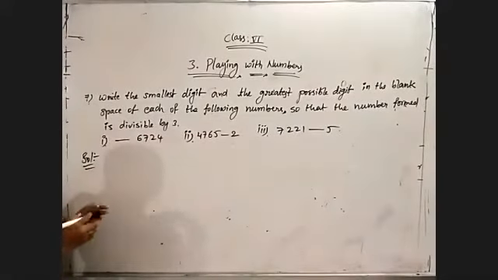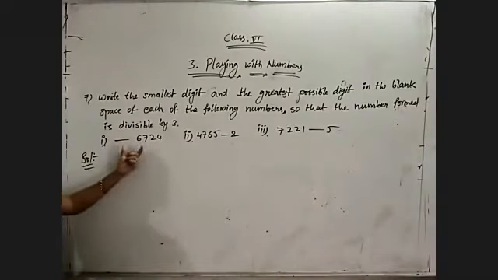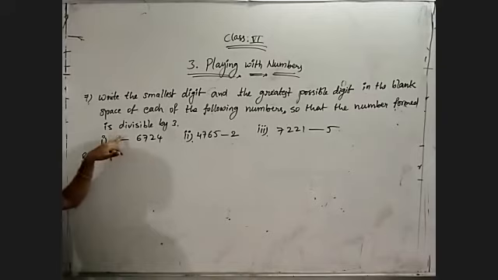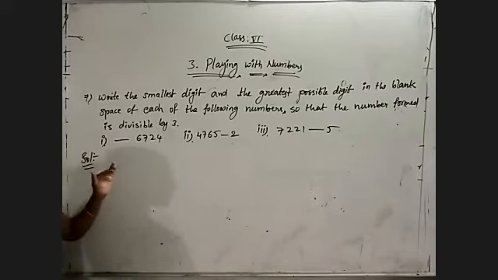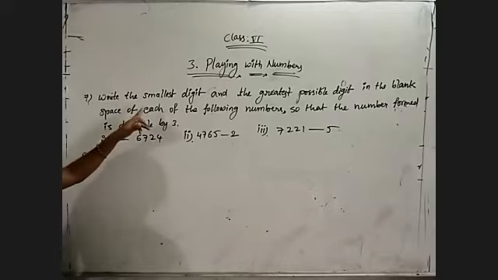So whatever digit you place in the blank space, the resulting number must be divisible by 3. For suppose if I place 2 here, whatever number I get must be divisible by 3. What is the divisibility rule? If the sum of the digits is a multiple of 3, then only the number is divisible by 3. Yes or no?